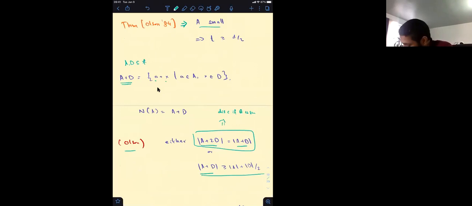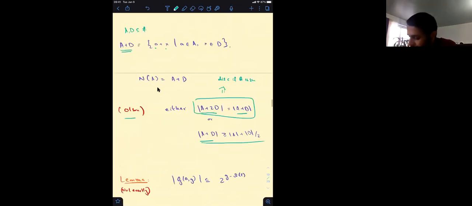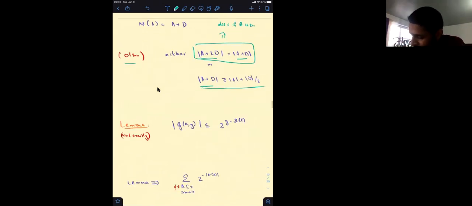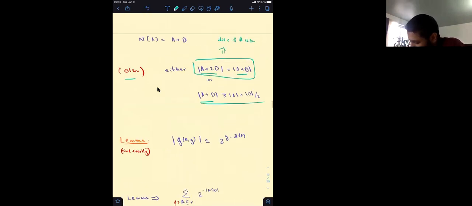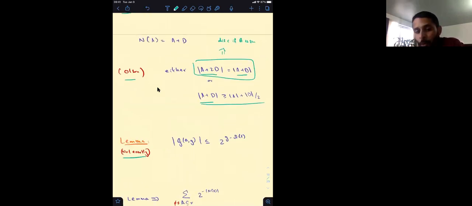And our main lemma is that the size of script G of A, G, which is the number of small sets A which are 2-linked, whose size is A and the size of the neighborhood is G, is at most 2 to the G minus some omega T. At the moment, it's not at all supposed to be clear why this would help.